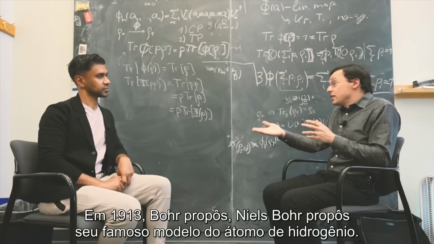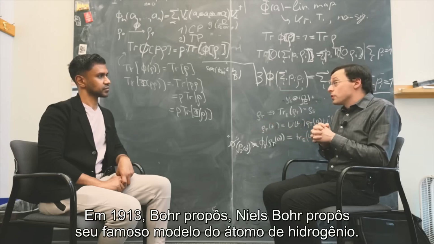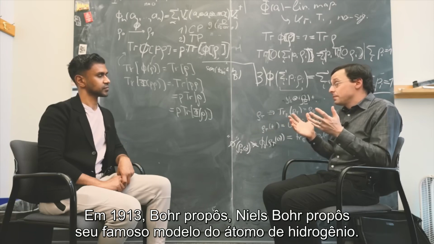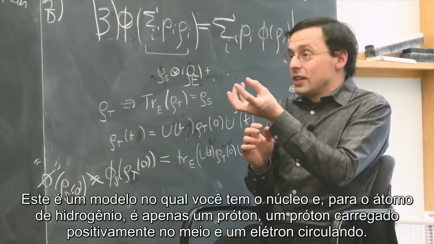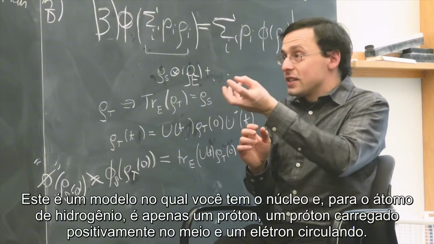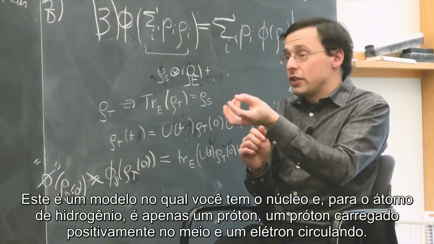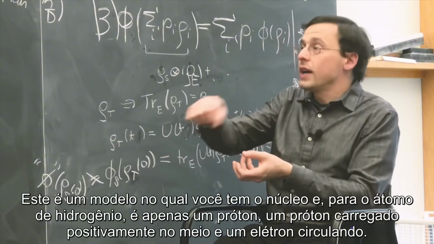In 1913, Niels Bohr proposed his famous model of the hydrogen atom. This is a model in which you've got the nucleus, and for the hydrogen atom, it's just a positively charged proton in the middle, and an electron going around.